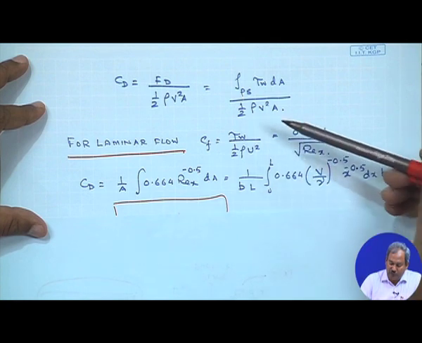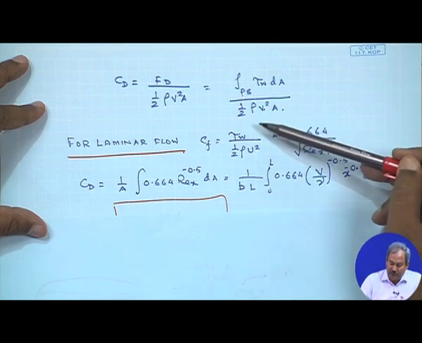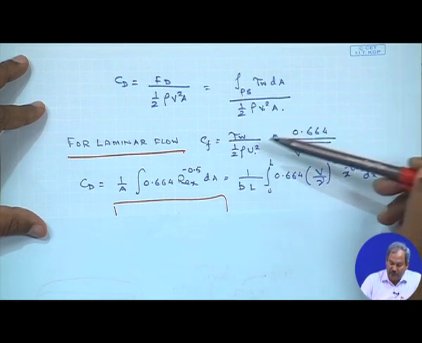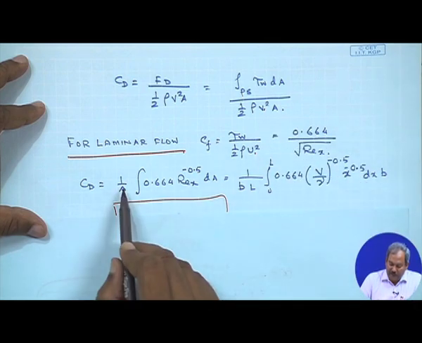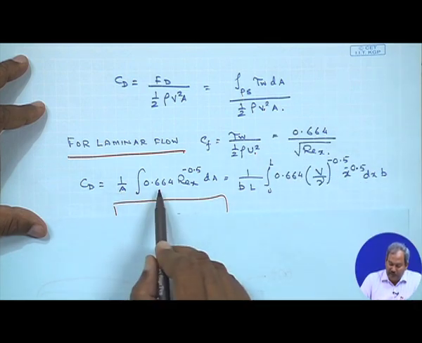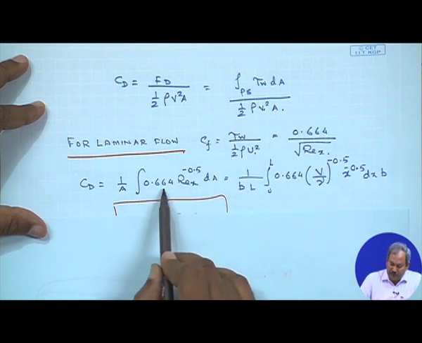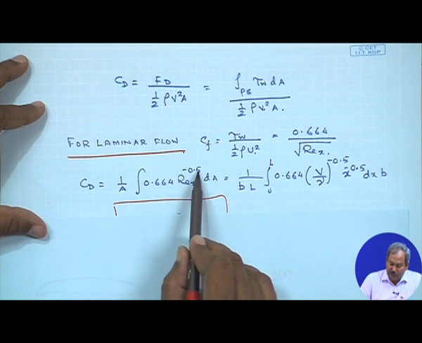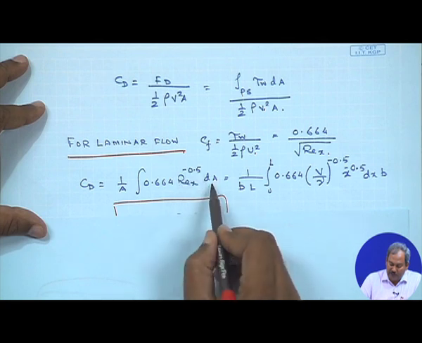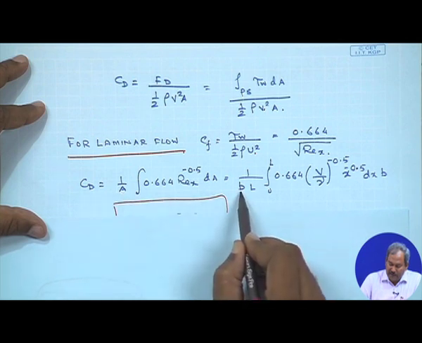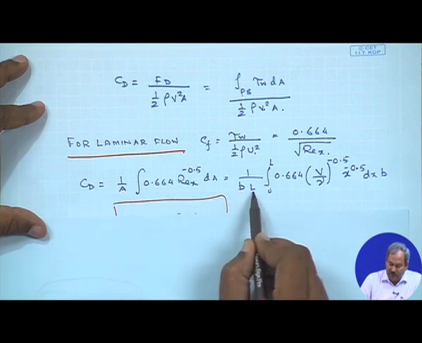Since it's a flow over a flat plate, the approach velocity and the free stream velocities are equal, so they will cancel out, and what you have is simply 1 by A, and instead of tau w I put in 0.664 Rex to the power minus 0.5 times dA, and the area is simply B, which is the width of the plate, times L, where L is the length of the plate.